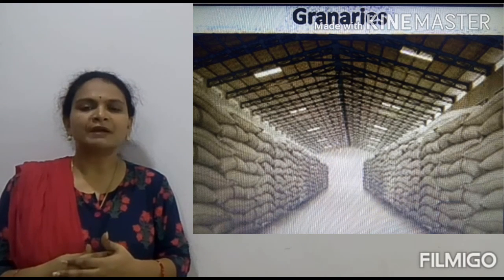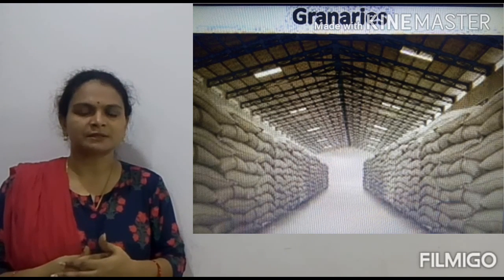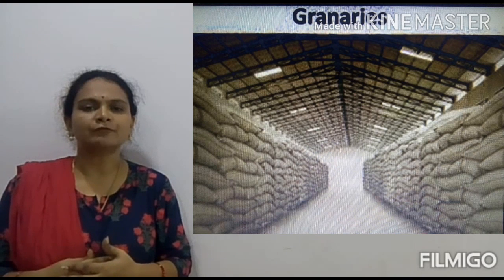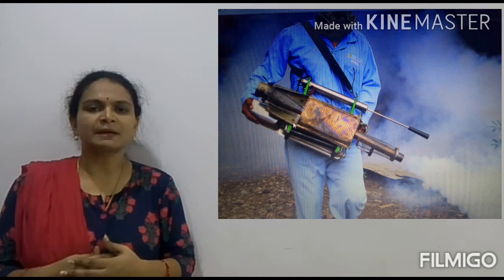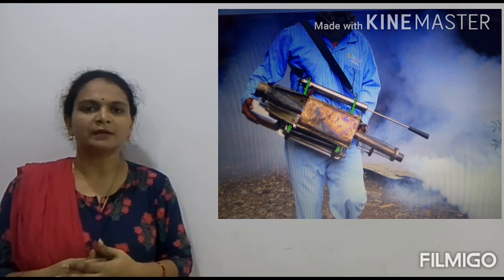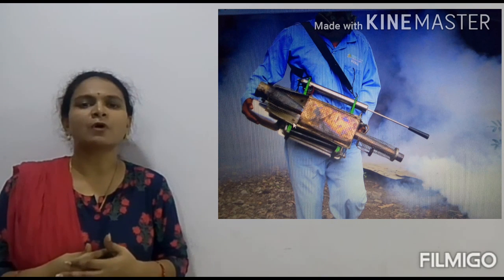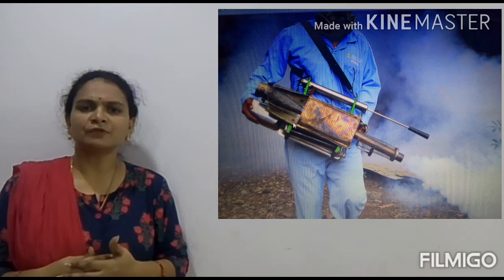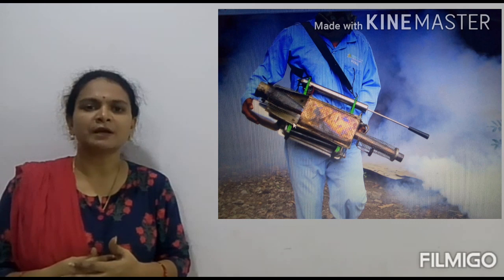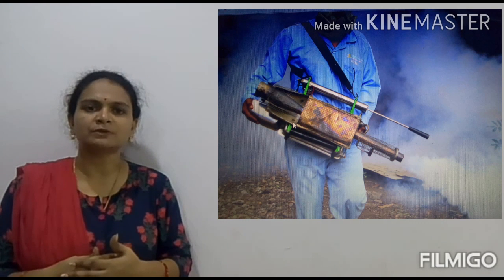And next, when we are storing grains in the granary, we have to follow the fumigation method using some chemical like methyl bromide, so that if any microorganisms are there, we can control them. Most of the microorganisms can be controlled by exposing the grains to sunlight.